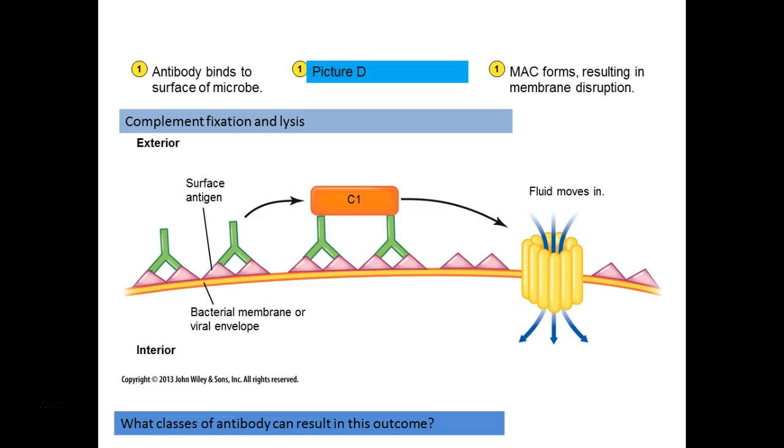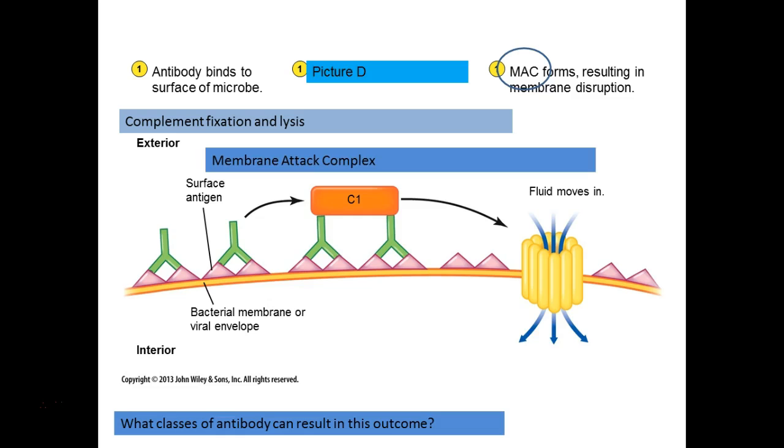which can lead to the formation of the MAC complex, which, what does MAC stand for? It's membrane. Yep. Membrane is the important part of that. Attack complex. Membrane attack complex.